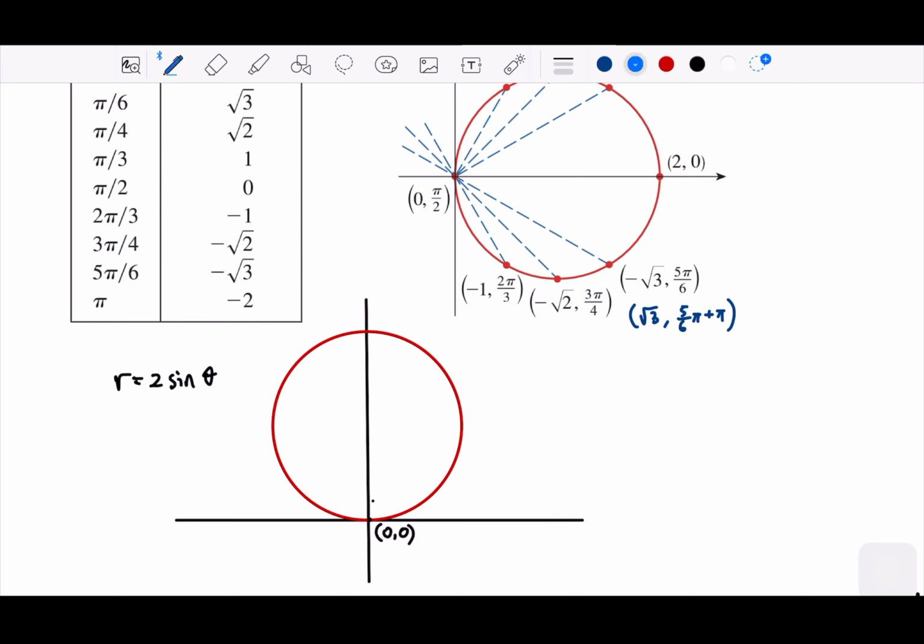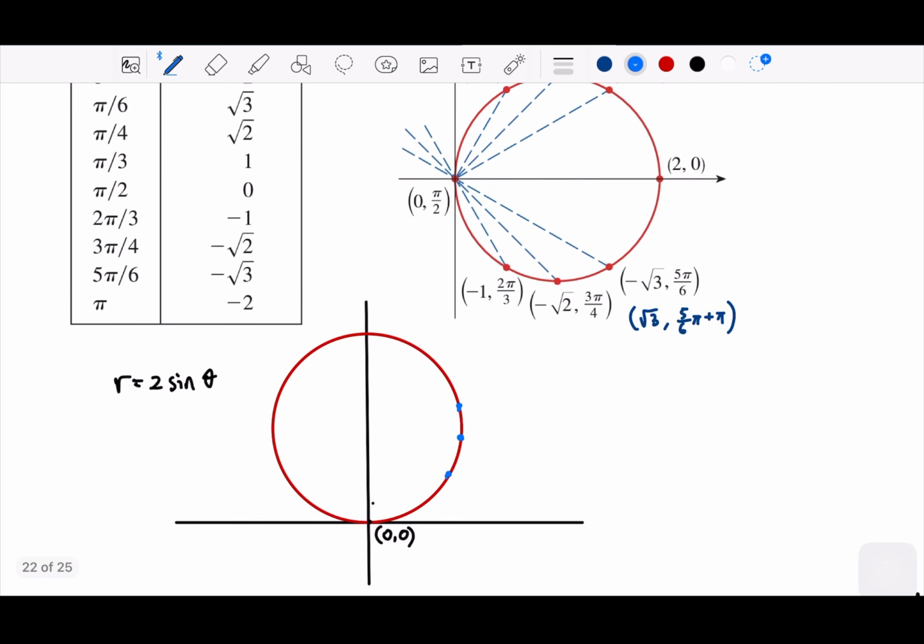And then you can pinpoint some, maybe here, pi over 6, pi over 3, pi over 4, maybe pi over 4 around here, and then pi over 2. Pi over 2 is where the sine is maximum, right? The sine is maximum. This is 2 pi over 2. And you can pinpoint for every point, okay?